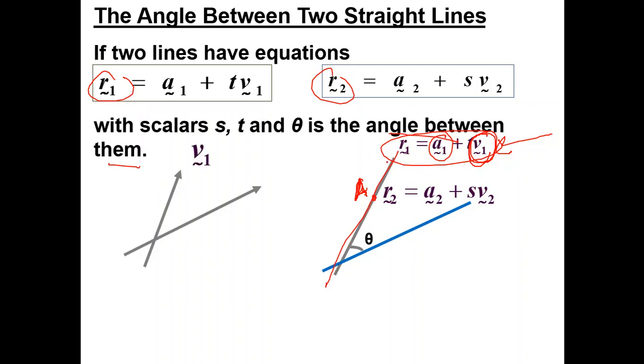And then we take v1. For r2, just focus on the direction vector v2, which gives the direction for this line, the blue line.